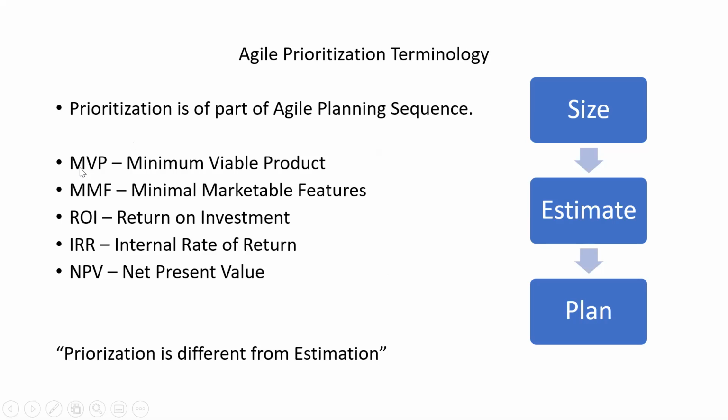Like minimum viable product. You would have heard this term multiple times with any kind of startup or within a big organization with any kind of product. So a minimum viable product is basically, hey, what features should the product have so that I can release it into the market or to the customers or users.